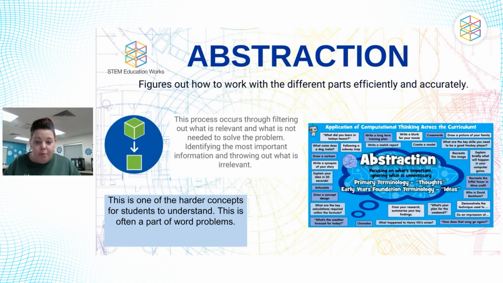And then abstraction, which is probably, in my opinion, the hardest one to teach kids because it is not so attainable quickly. It's a little more complex, but they have to figure out parts that are efficient and accurate to help solve their issue. It is, again, a really hard problem for them a lot of times. But one of the ways that I think about it is this concept of 3D shape and then 2D shape.